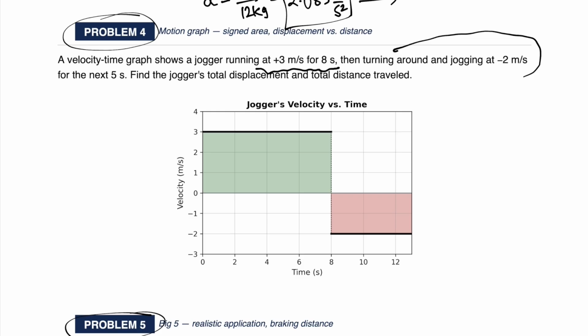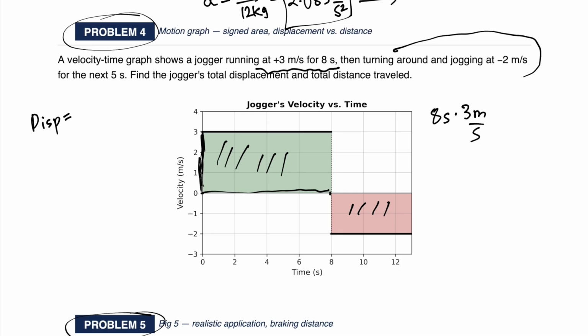So we know displacement is just the area under the curve of a velocity versus time graph. So the area here is 8 seconds times 3 meters per second. This is the length here, and this is the width. So I just multiplied those to get the area of a rectangle, or positive 24 meters.